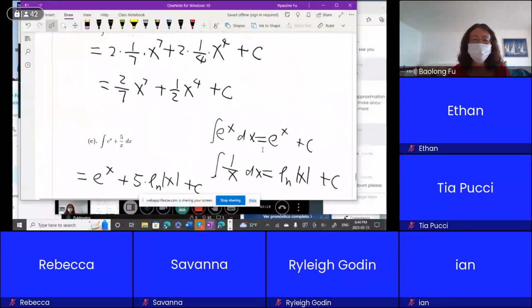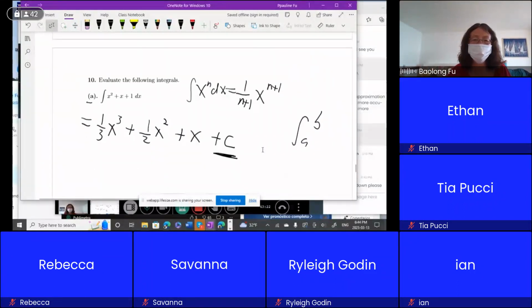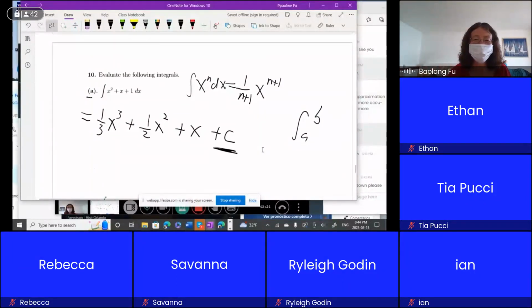You need to know this kind of question for test 2: evaluate indefinite integrals. If you have A and B, that is today's content, a definite integral.